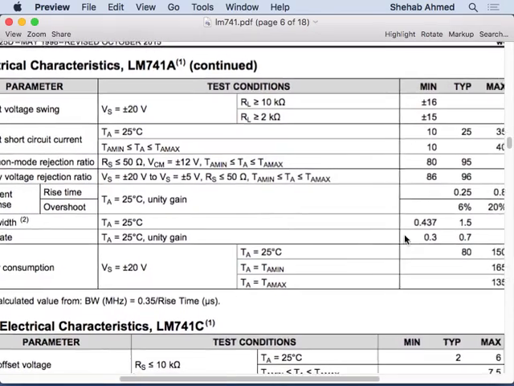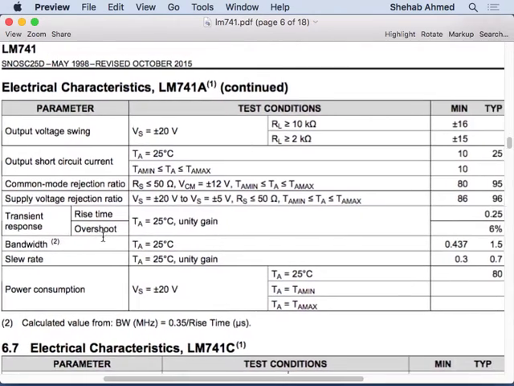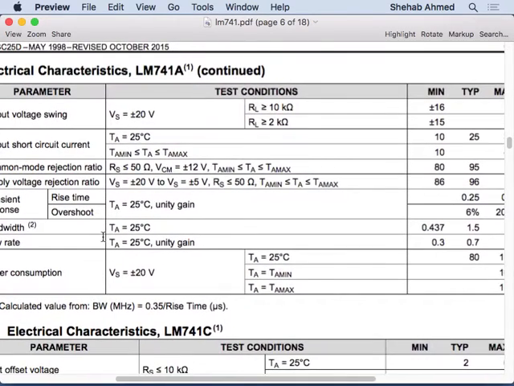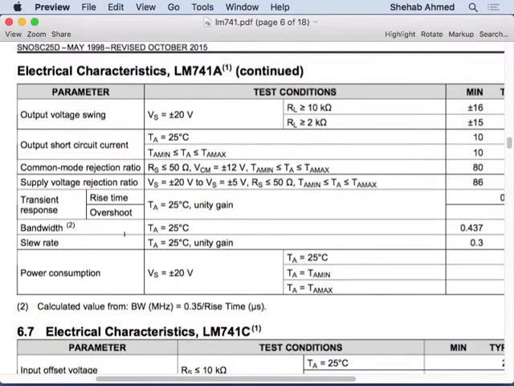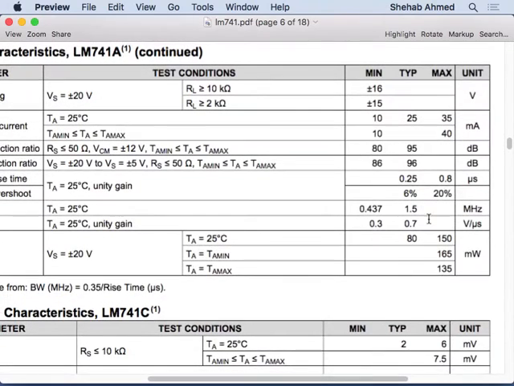But I'm not sure if this is referring to the bandwidth until the break frequency or the bandwidth until the unity gain frequency, right? I'm not sure what this is referring to, and they don't say here. But it's at 1.5 megahertz, right? So what does this probably tell us?